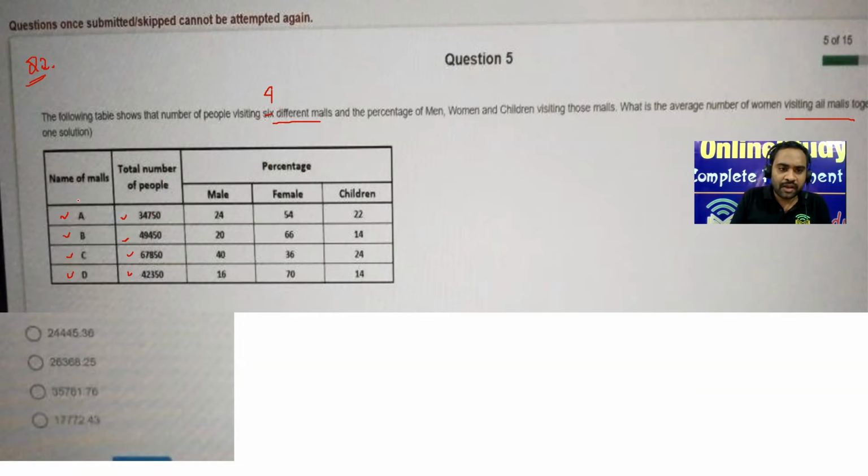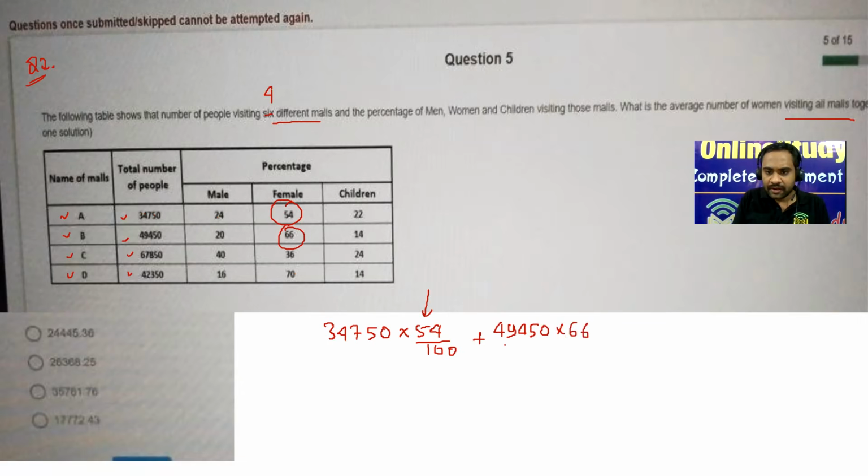Now from mall A, if you'll see, total number is 34,750, and women visiting is nothing but 54%. So these many women are visiting mall A. Now mall B: 49,450 into 66 divided by 100, plus then 67,850 into 36 divided by 100.